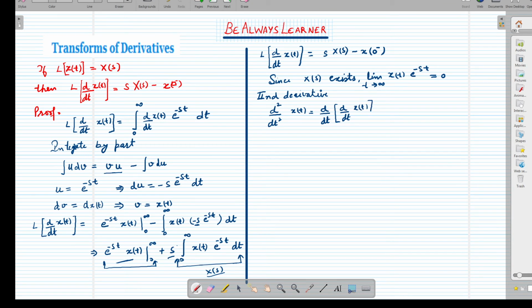If we have to find the Laplace transform of d square by dt square of x(t), it can be written as the Laplace transform of d by dt of x(t), minus d by dt of x(0).